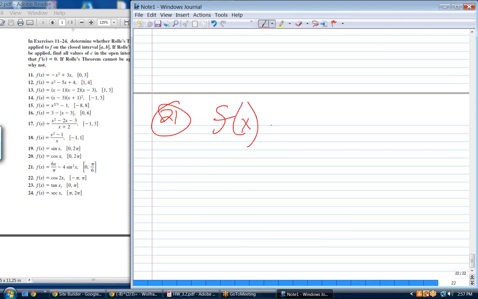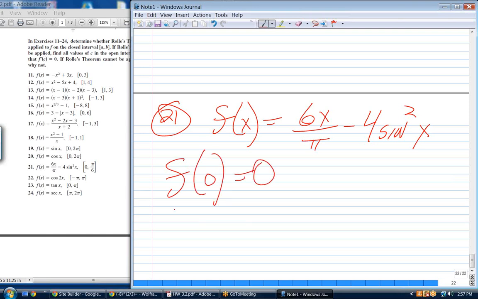F of x is equal to 6x over pi. Don't be confused by the complexity of that. Pi is just a number. Minus 4 sine squared of x. Well, let's see. When x is 0, we got 0 minus 0. So f of 0 is equal to 0.